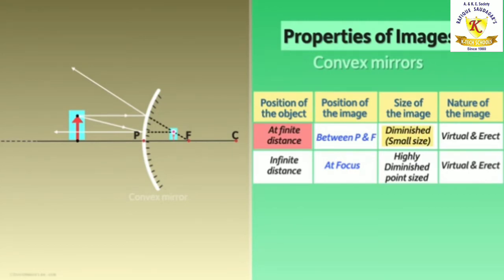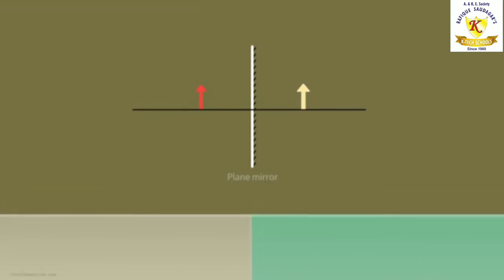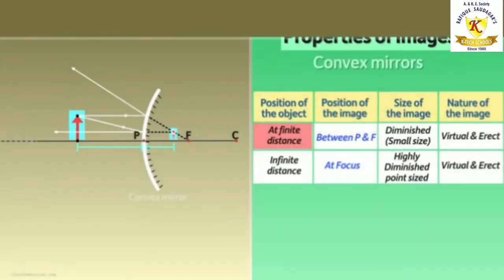Also, one more important thing that I must say is that the image's distance from the mirror is not the same as the object distance from the mirror. So if you remember when we were discussing plane mirror images, the virtual image distance and the object distance from the mirror were the same irrespective of where the object is placed, isn't it?